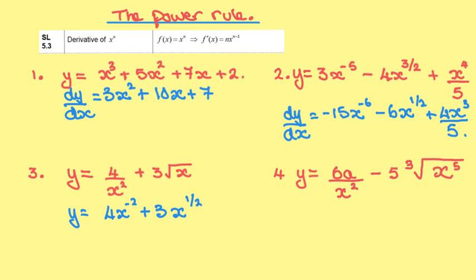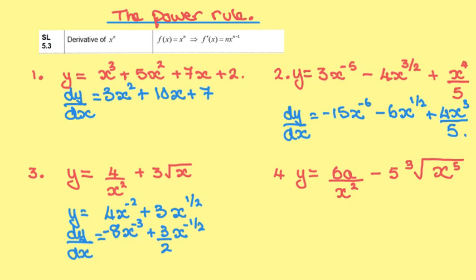Now they're both powers. We can find dy over dx is equal to minus 2 times 4 is minus 8. Take 1 off the power to get x to the minus 3. A half times 3 is 3 over 2. X, 1 off a half, is minus a half.